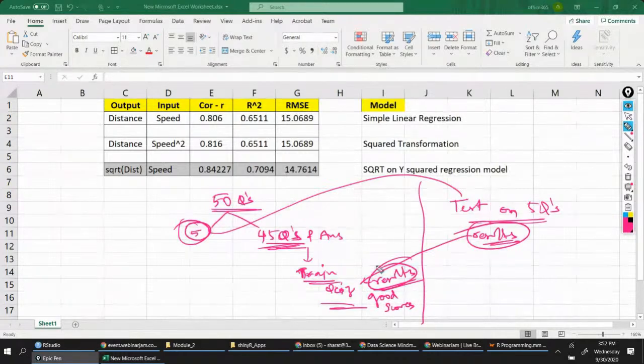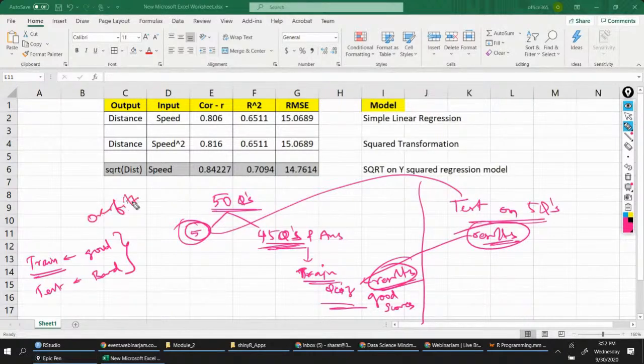But if the results show that on the training data, that is on the 45 questions, the results are good, but on the test data, the results are very, very bad, then this condition is called overfitting. So what we were trying to do is tune the model and try to fit it.